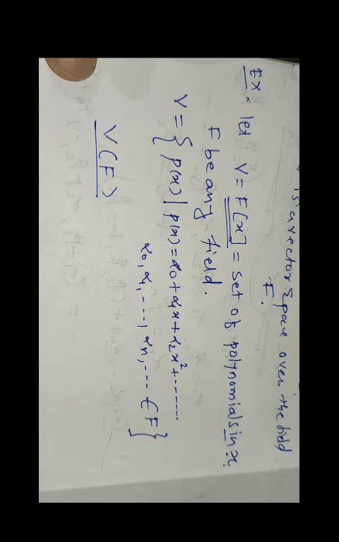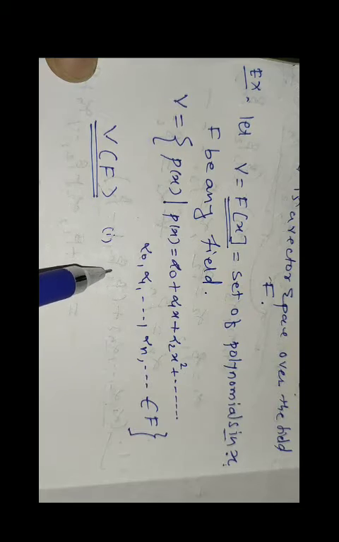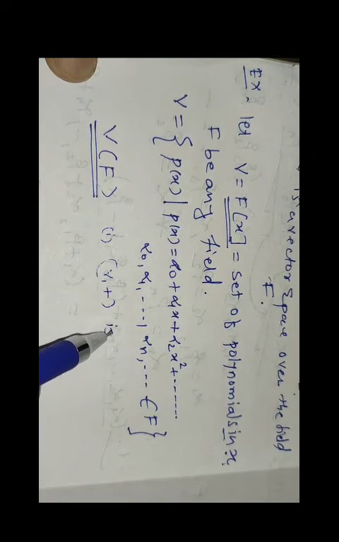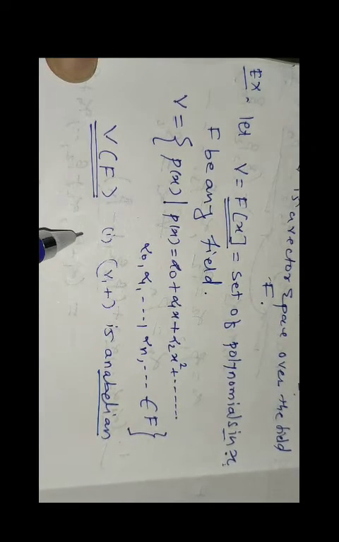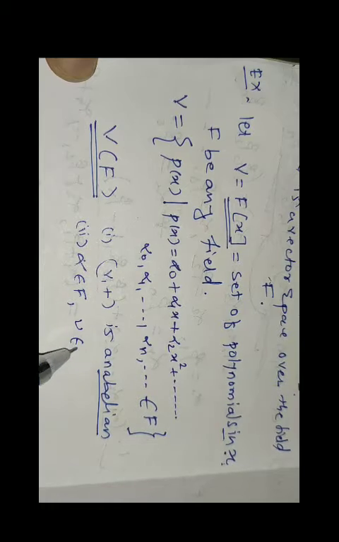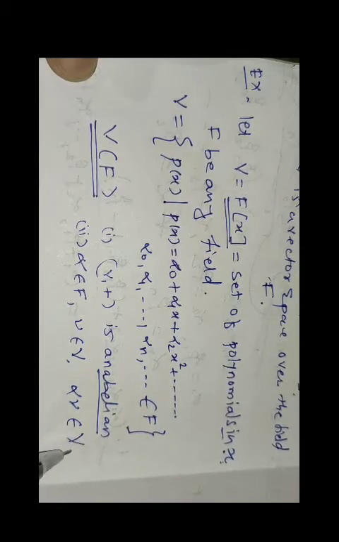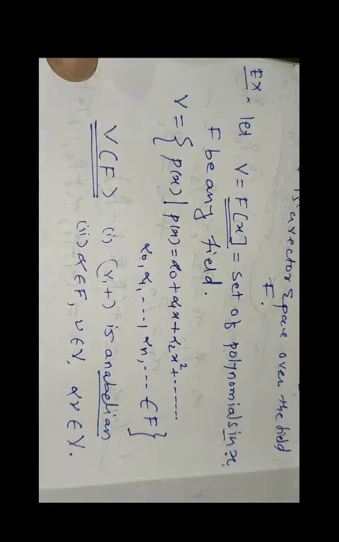Now we have to show that V is a vector space over the field F. That means we have to show some points, that is, V plus is an abelian group. And second, external composition: if alpha belongs to the field and nu belongs to the vector space V, then alpha nu belongs to the vector space V. And after that, the four properties.